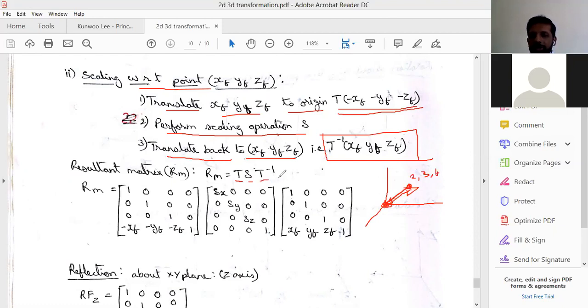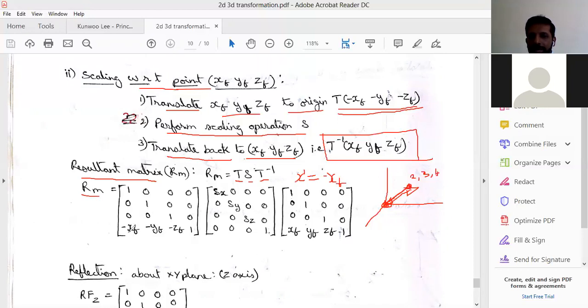So when we write all these things in matrix form, what happens? The resultant matrix will be 1, 0, 0, minus xf, because it is for the x dash value over here. We have to first get it back to the origin. So x dash should first have the minus xf value.